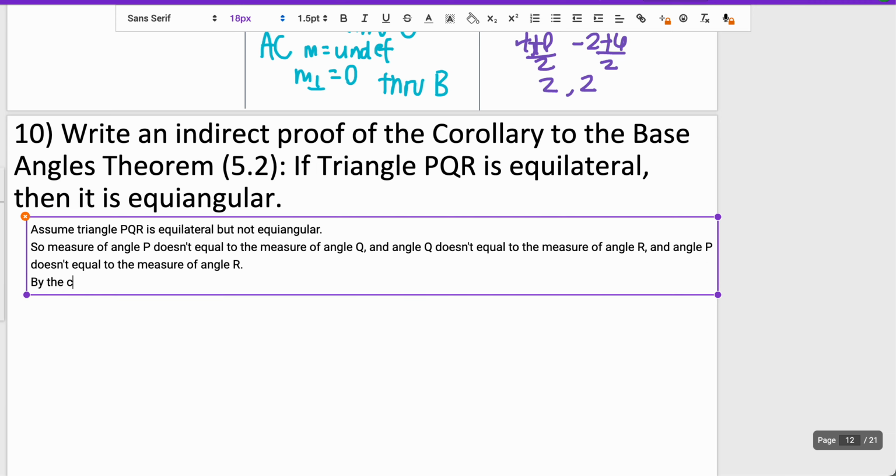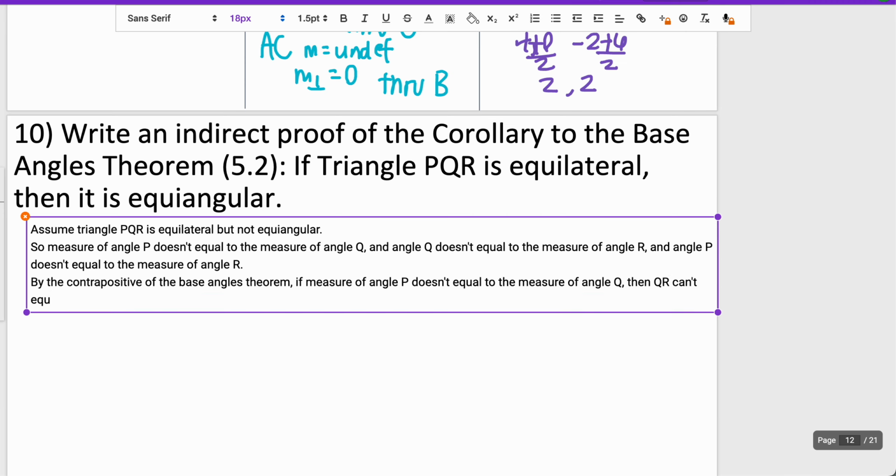But by the contrapositive of the base angles theorem, if the measure of angle P doesn't equal the measure of angle Q, then QR can't equal PR.